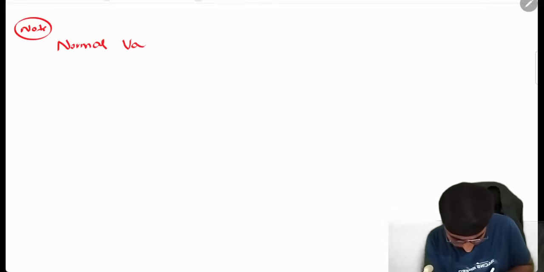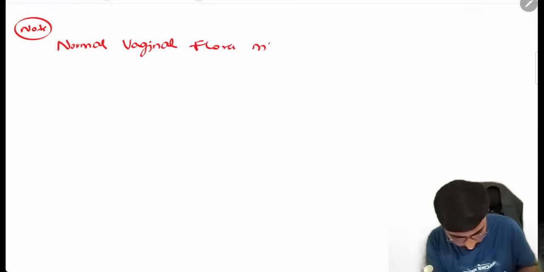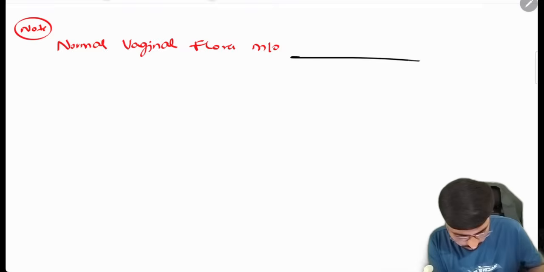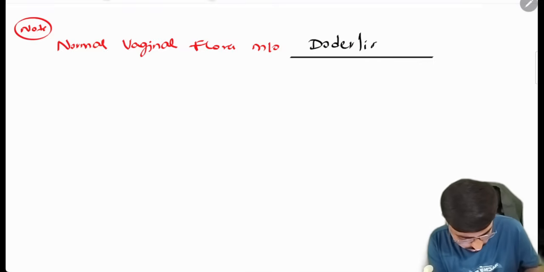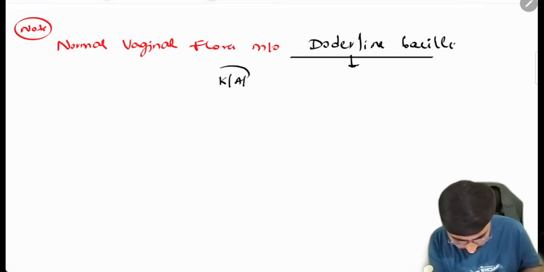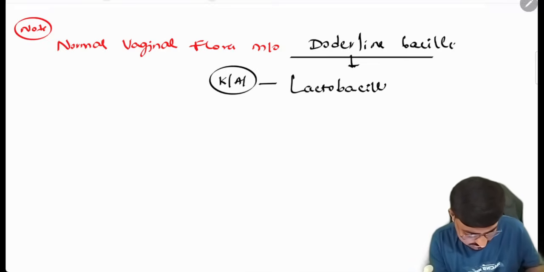Normal vaginal flora is made of Doderlein bacilli. These Doderlein bacilli are also known as Lactobacillus acidophilus.